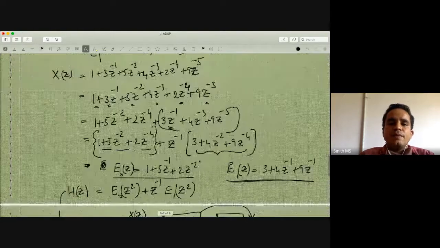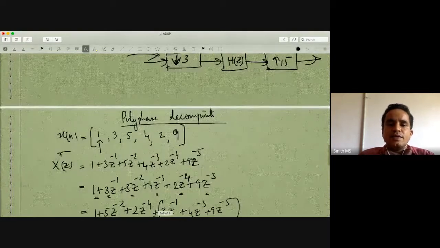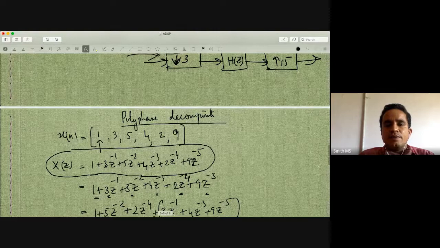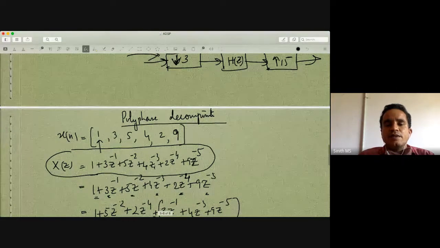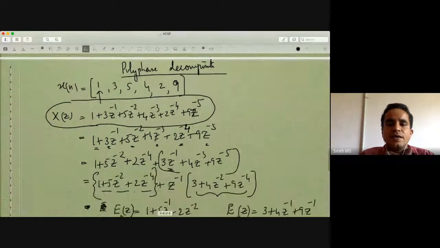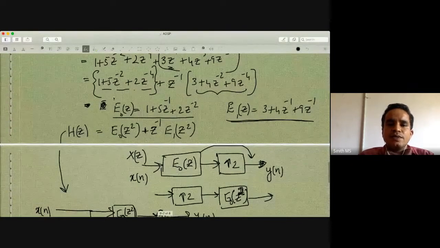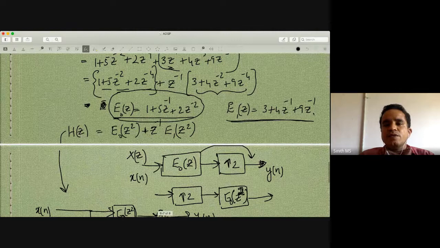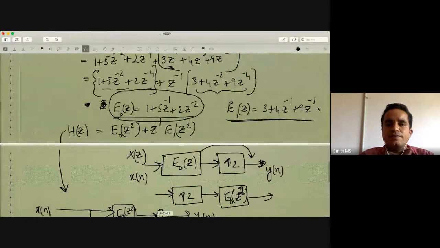Instead of implementing this filter directly as a common FIR filter with many delays and multiplications, you can use E0(z), which is 1 plus 5z inverse plus 2z raised to minus 2, and E1(z), 3 plus 4z inverse plus 9z raised to minus 2.